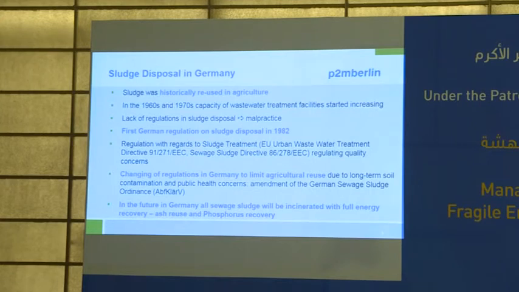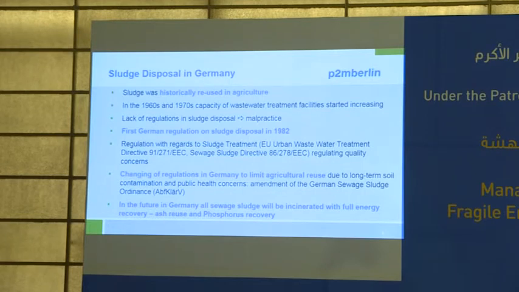But due to a lack of regulations for sludge disposal in those years, there was a lot of malpractice and unsafe reuse of sludge. The first regulation on sludge disposal was then introduced in 1982. These regulations have changed ever since.